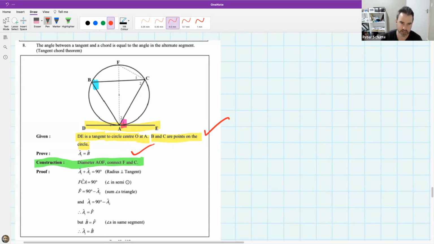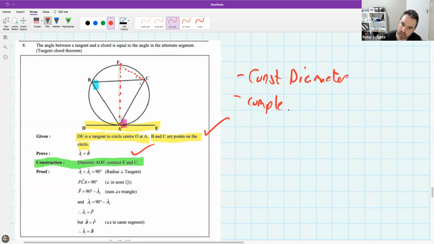So what are we constructing? Well, we are constructing a diameter. And then once we've got the diameter, we get to the other side, we have to connect that to a point on the circle. When I think about this one, I think about constructing the diameter and then completing the butterfly.